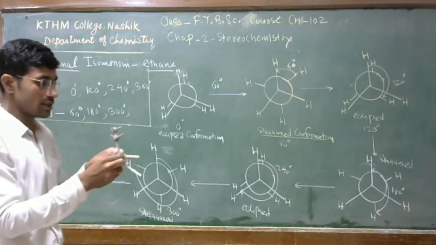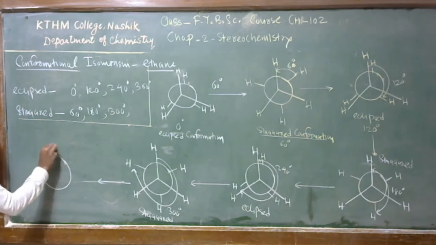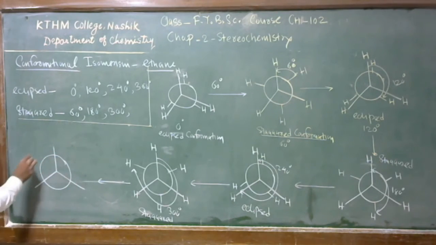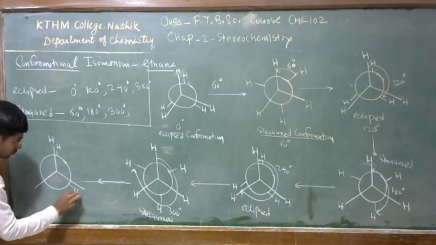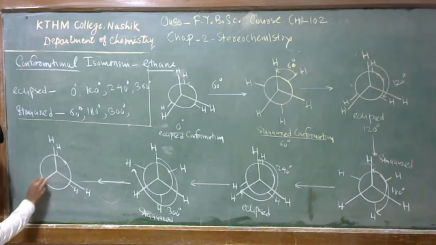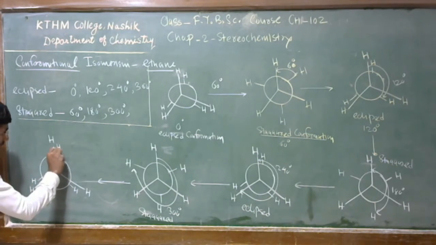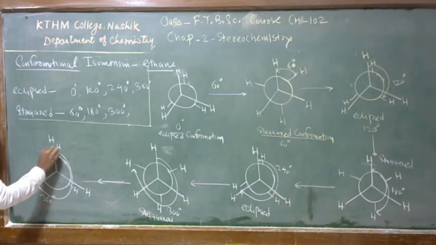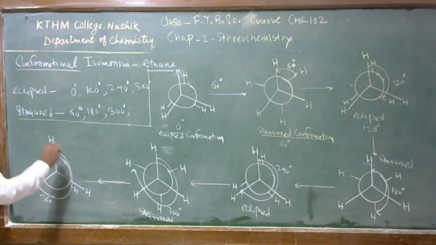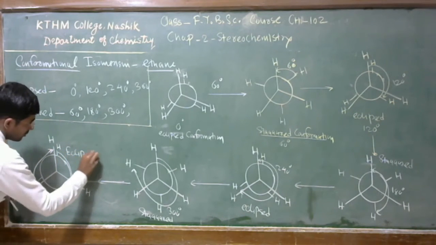So 360, this is nothing but eclipse conformation. Okay. 360 means overall this comes to the original position by angle 360. So this is the eclipse conformation.